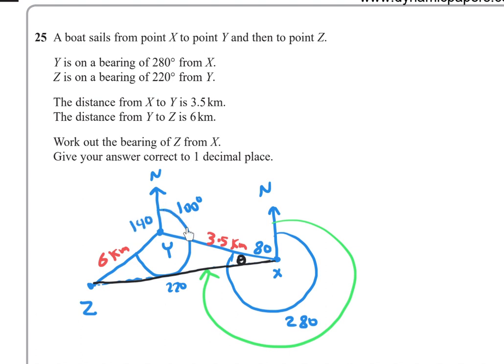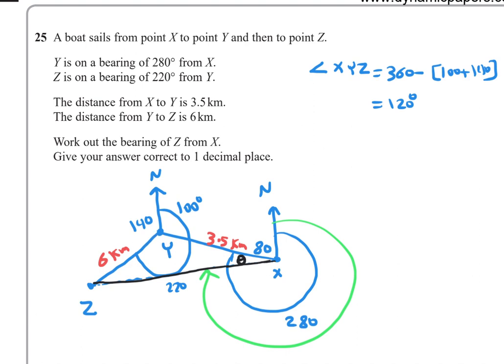Now if this angle is 100 and this is 140, then we can find angle XYZ equals 360 minus 100 minus 140 equals 120.